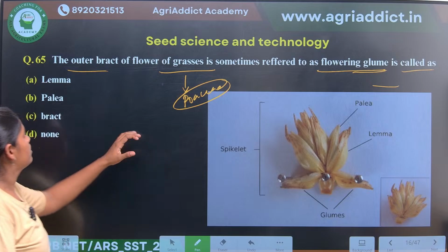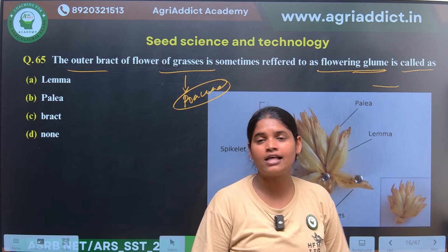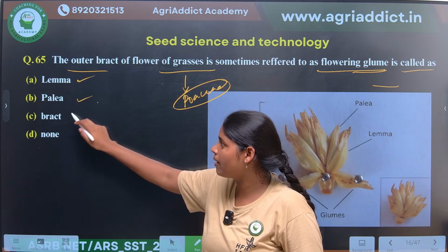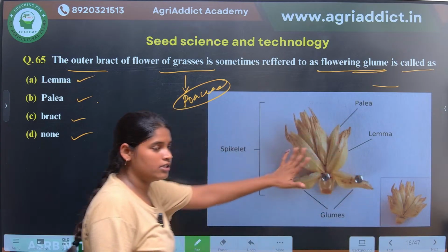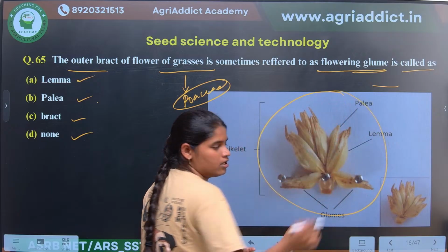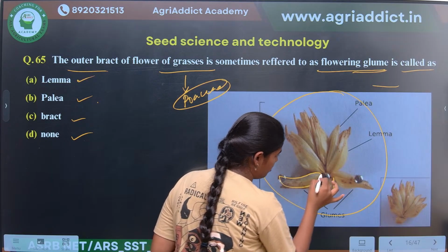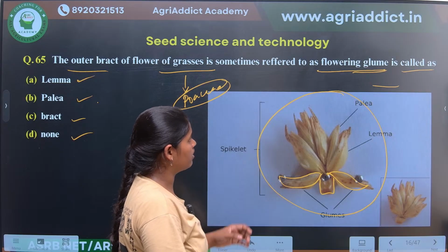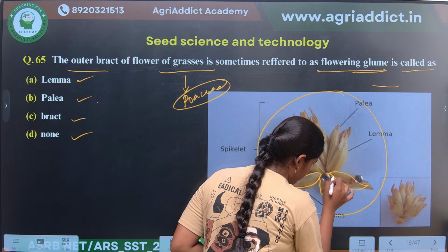Right. So the answer for this question? Try to answer for this. Which is the outer bract of a flower? They have given options lemma, palea, bract, and none. In this image, you can see this spikelet, right? At the base of the spikelet, we have attached outer bracts, the two attached bracts at the base.